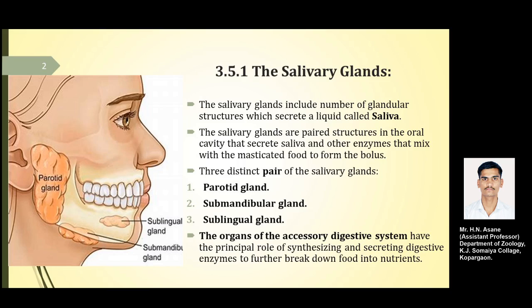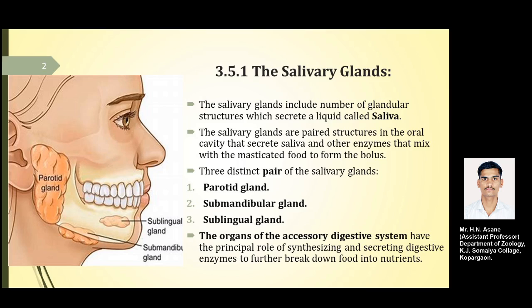That means each side of your face contains these three glands, and the other side contains the same three. So two parotid glands, two submandibular glands and two sublingual glands are present in your buccal cavity.